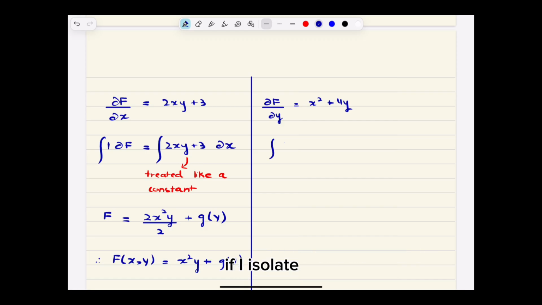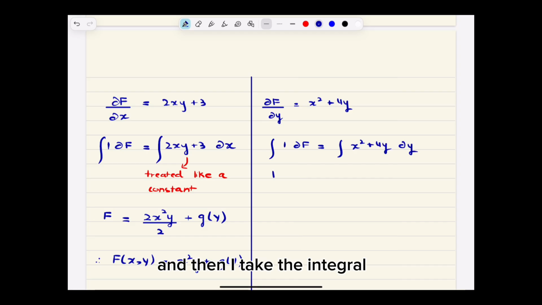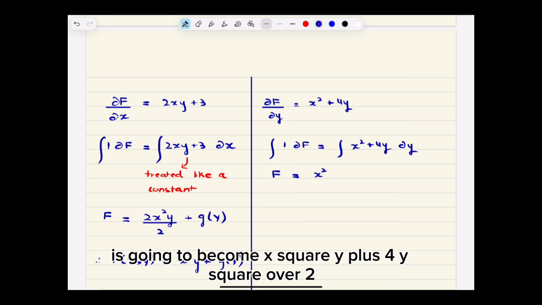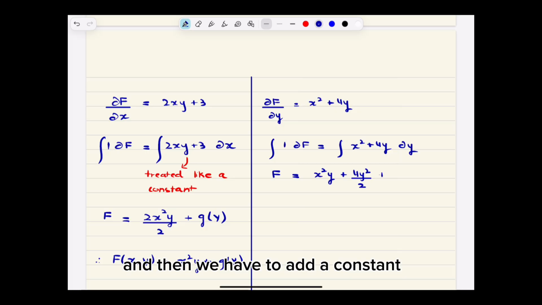So again, if I isolate and then I take the integral, x square is going to become x square y plus 4y square over 2, and then we have to add a constant. In this case x is treated like a constant, so there's just going to be some function of our constant x.